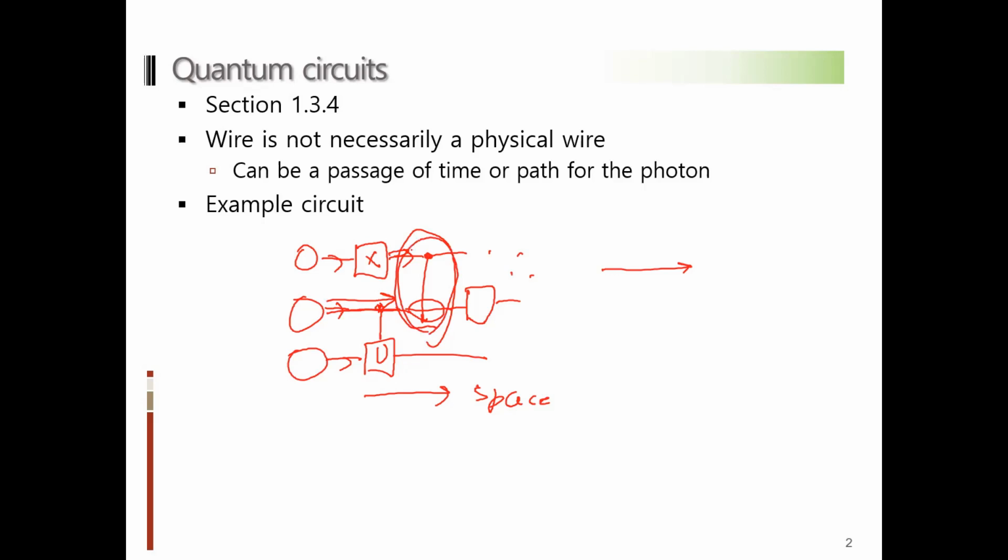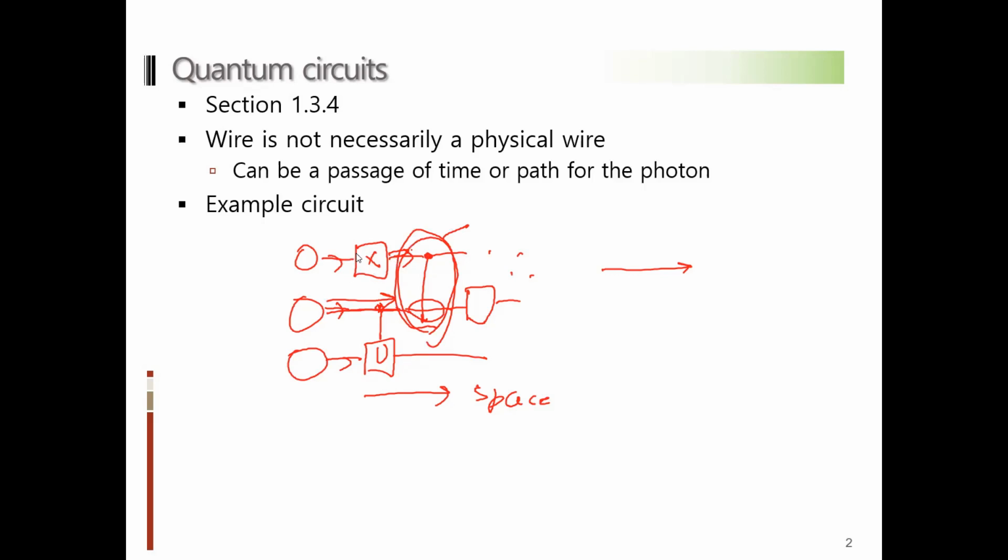I said limited because this is not perfectly correct, but in principle you can imagine that the photon is flying, and the physical qubit is passing through the gate. But the rest of the types of qubits don't actually go through the gate.